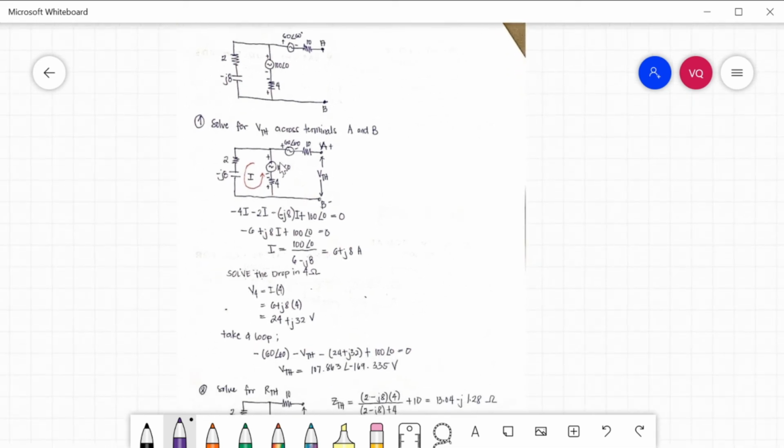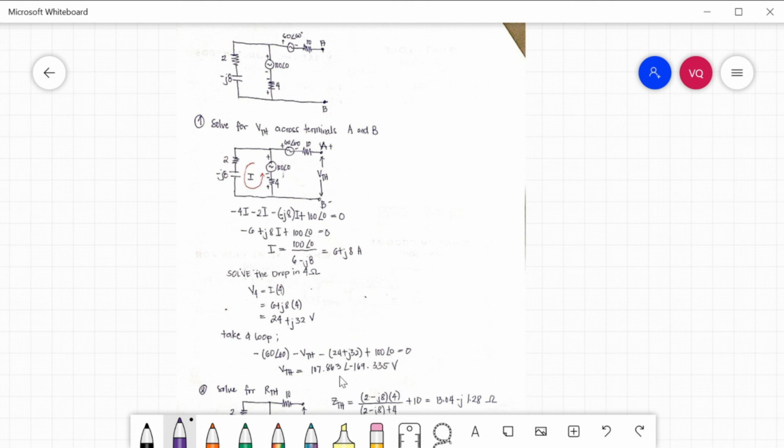Now, if we take a KVL loop at this portion, starting at 60 angle 60, our loop enters the positive sign of a source, so negative 60 angle 60, and then enters the positive sign of VTH, so minus VTH, enters the positive sign of the 4 ohm drop, that is minus 24 plus J32, and enters the negative sign of 100 angle 0, so that is positive 100 angle 0, equal to 0.